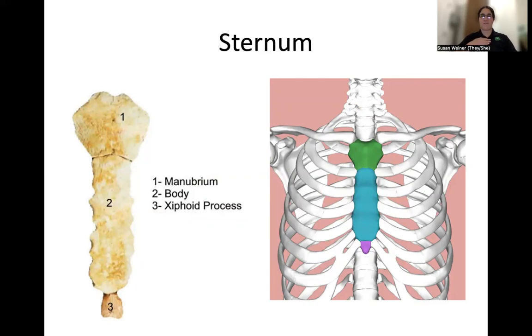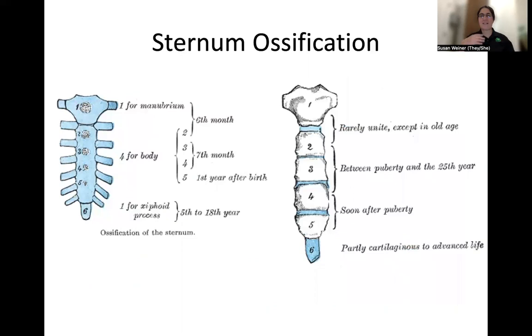You can feel these if you just take your fingers and feel it on your own body. You can feel the manubrium, and there's a little bend. We get to the body, and then at the very base, there's the xiphoid process. Now, the xiphoid process just sticks out a little bit, and it is at least partially cartilaginous in most people. So this ossifies slowly over the course of your life.